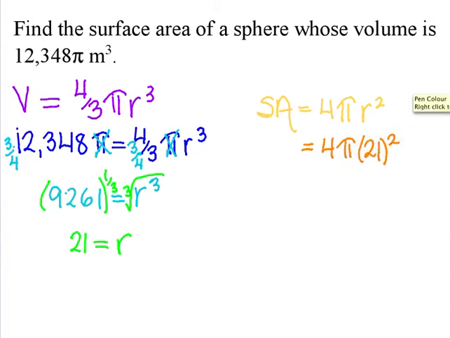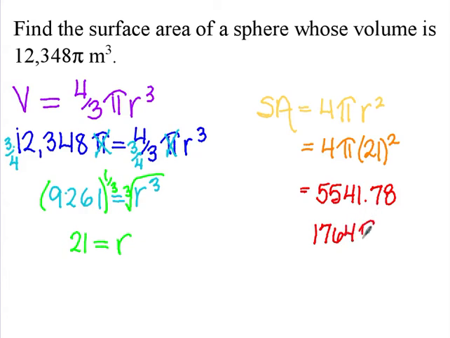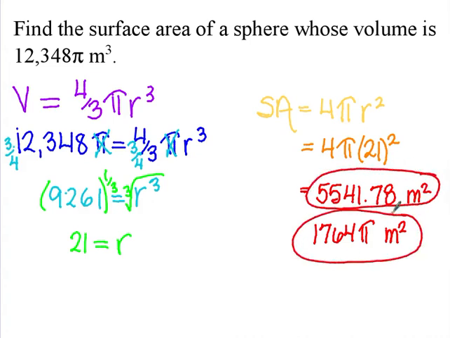What does that come out to be? 1,700. Either of those is acceptable.